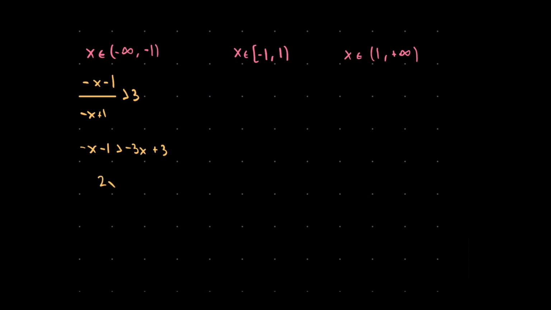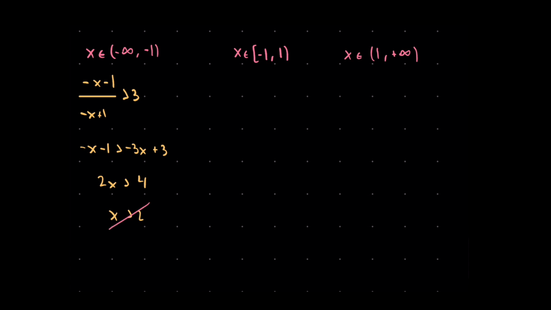Rearranging again, we get 2x is greater than 4. Once more, we get x is greater than 2. However, x needs to be between negative infinity and negative 1, and unfortunately, no value of x in that interval satisfies this expression. So therefore, this interval is invalid.